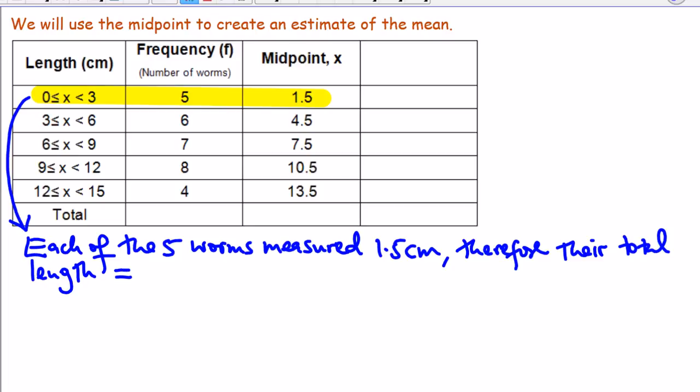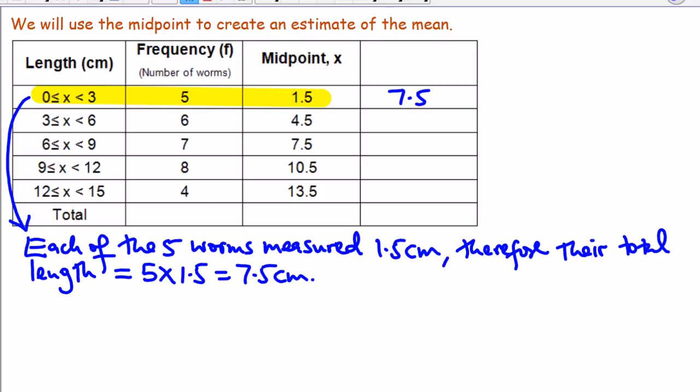There are 5 worms on average, each worm measures 1.5 centimeters, so the total length will be 5 multiplied by 1.5, which will give us 7.5 centimeters. So the total length of these 5 worms will be 7.5 centimeters.